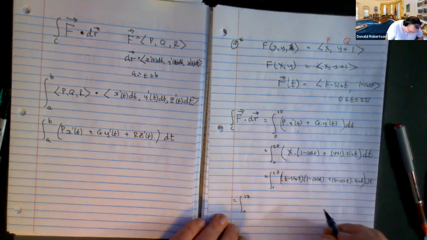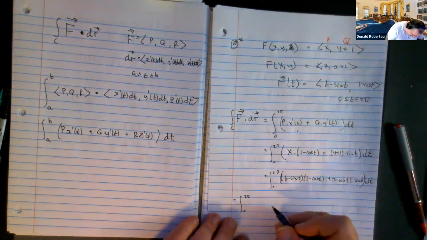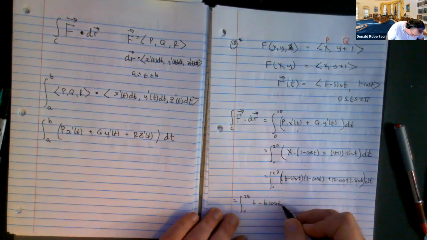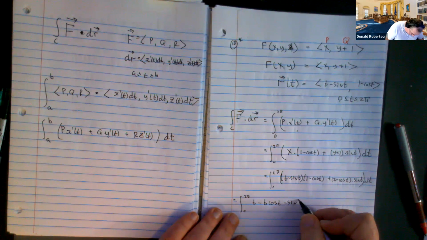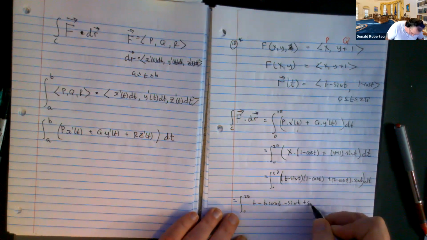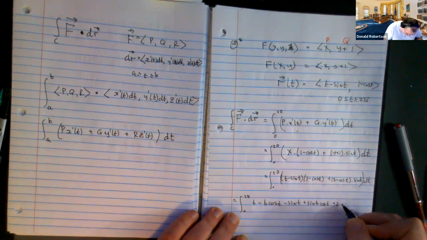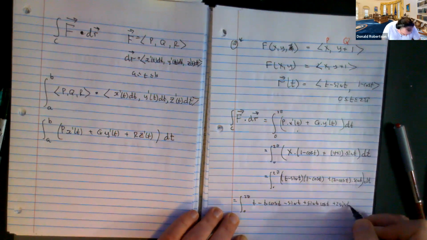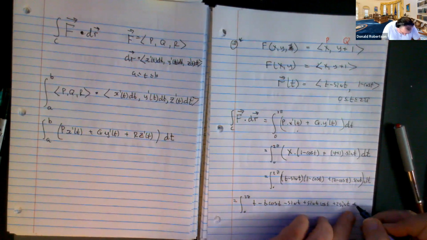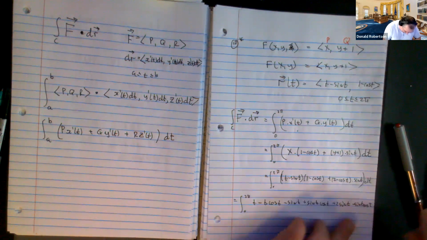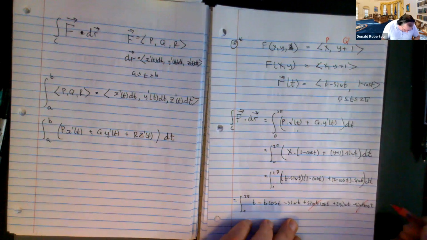I better distribute this. What do you get? You get a t, a negative t cosine t, a negative sine t, a plus sine t cosine t. Distribute this, you get a 2 sine t and a minus sine t cosine t. If I've done this right, that gets killed off by that.